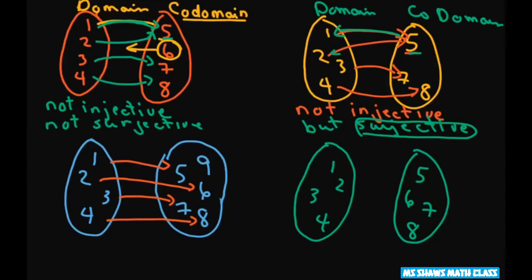So this one's injective, because every element in the domain maps to the codomain, so in the range basically maps back to the domain. But it's not surjective because we have this element here that doesn't have anything to match back to. So not surjective.